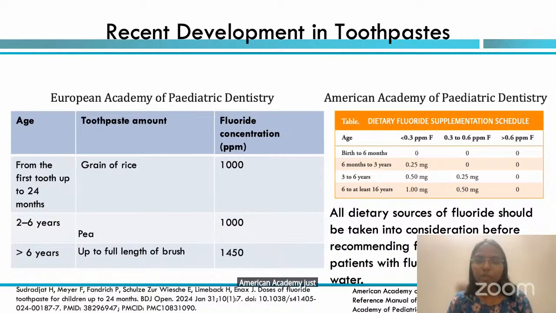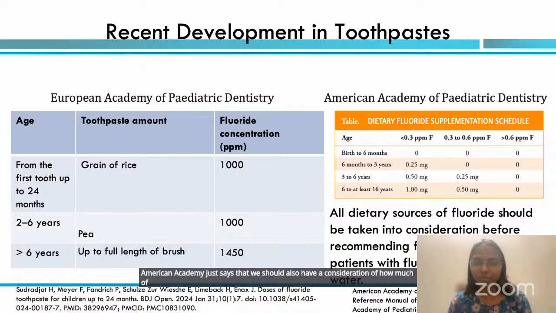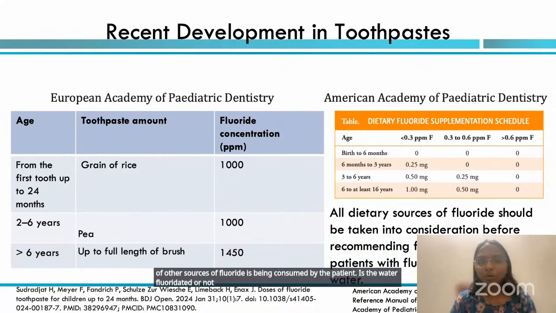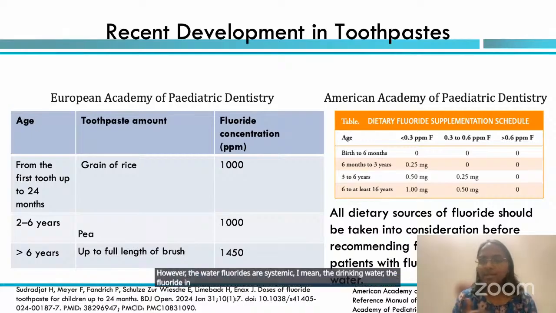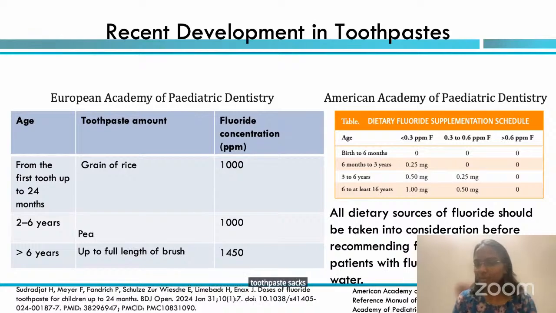The American Academy just says that we should also consider how much of other sources of fluoride is being consumed by the patient. Is the water fluoridated or not, before deciding on the fluoridated toothpaste. However, the fluoride in drinking water is systemic in nature, and toothpaste acts topically.